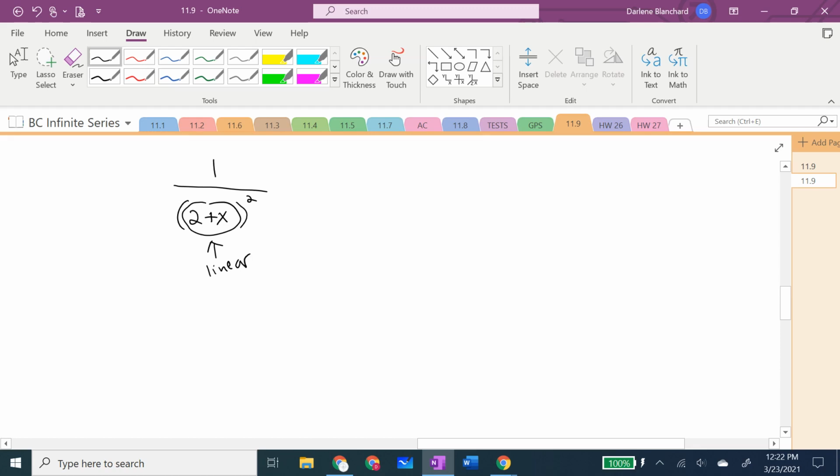If you see that you need a power series for that form, you're going to get there by starting with 1 over 1 minus x, and do whatever needs to be done to make the denominator 2 plus x.